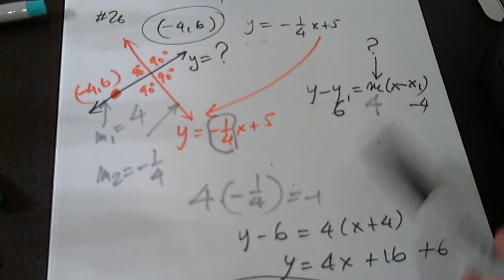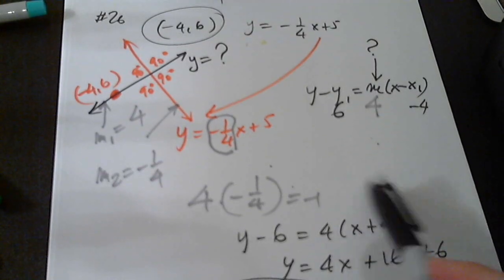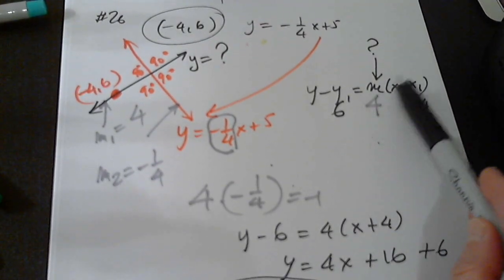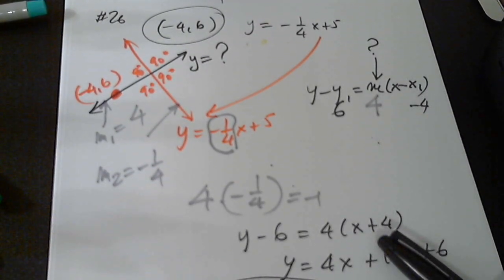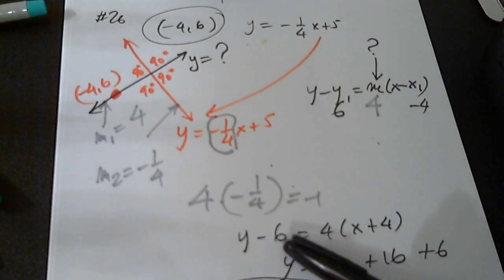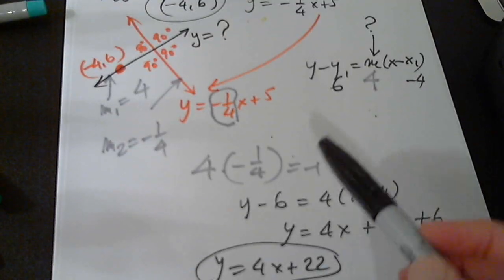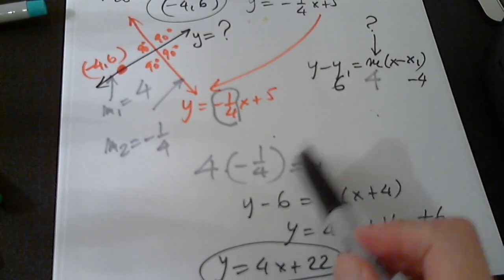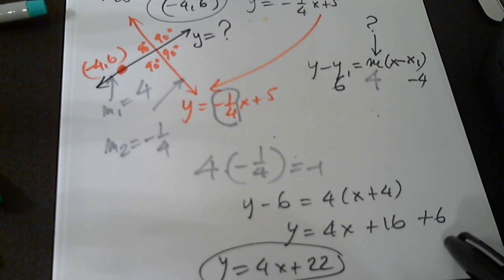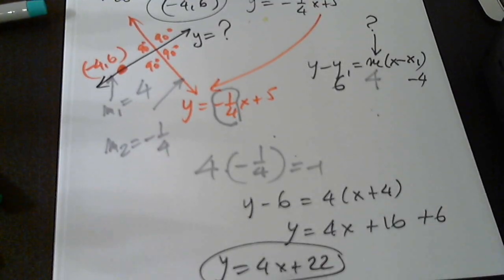I wrote it like this so I don't have to put nested parentheses. So x minus negative 4 is x plus 4. Then 4 in front, and then I copied y minus 6. Then I distribute, and I have to move negative 6 to the other side, which becomes positive 6. So this is 4x plus 22.